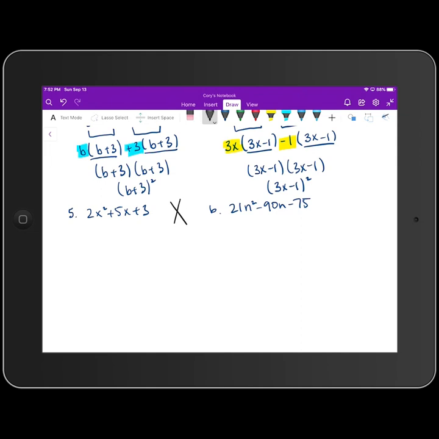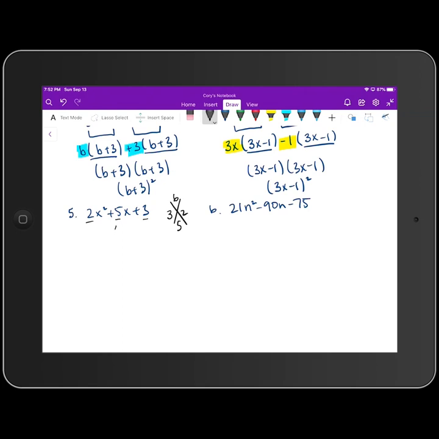The number that's going to go on top is going to be the product of the constant term and the leading coefficient. So 2 times 3 is going to make 6. The number that goes on bottom is going to be the coefficient of the middle term, which is going to be 5. And then I'm looking for two numbers that multiply to give the top number and add to give the bottom number. And those are 3 and 2.